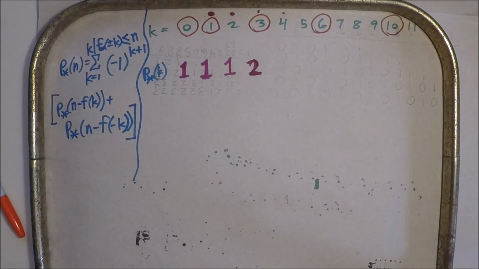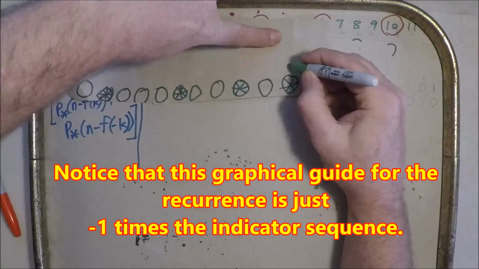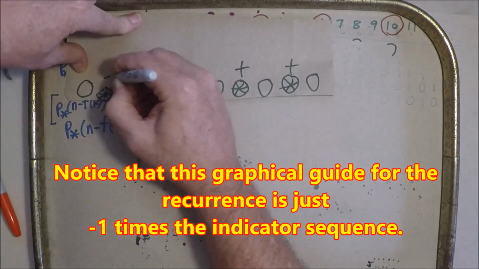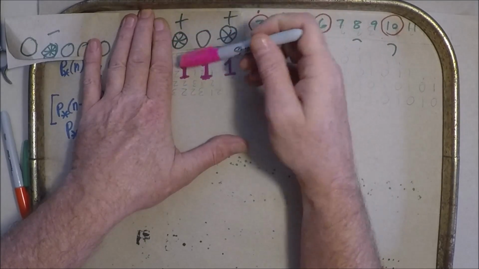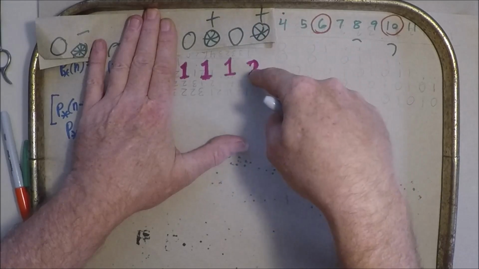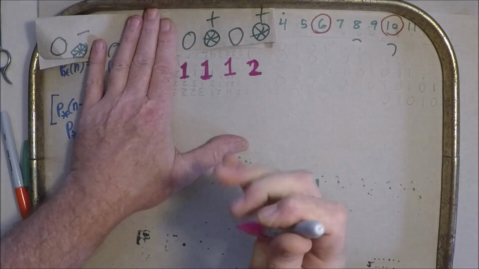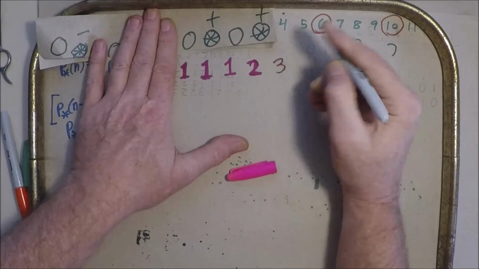To make this easier to see, we can do something like this. Plus, plus, minus, minus. So for 3, we have plus 1 gives us 2. For 4, we have plus 2 plus 1, so we have 3.